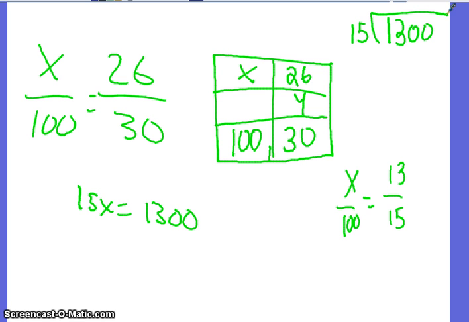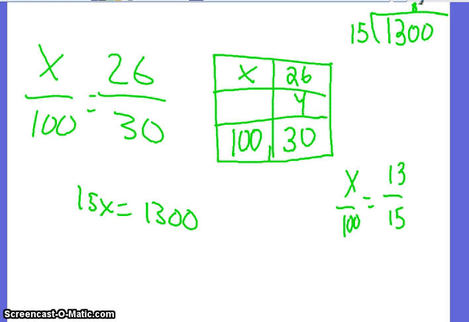is, 15 goes into 130 how many times? I'll give you part of a clue here. I know, I got 8 times? 8 times. Oh, 8 times. So that is what?